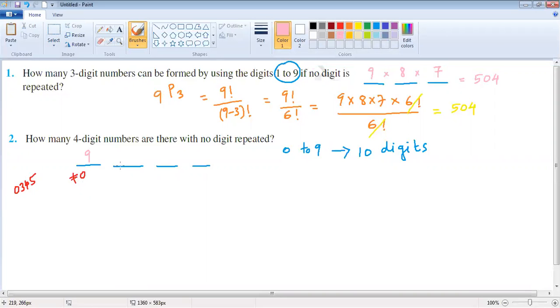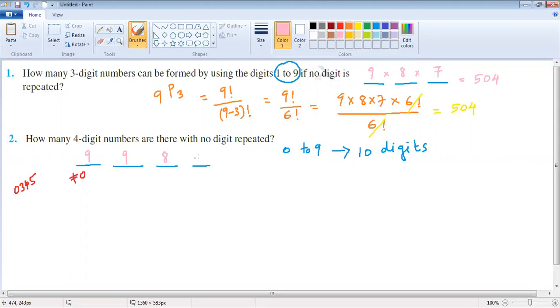Then the second position, already 10 digits are there. उसमें से एक digit तो first place में use किया, बाकी 9 digits are there. And now the third position, since we can't repeat the digits, already 2 digits are used. So out of 10, 2 digits are used, remaining is only 8 digits.